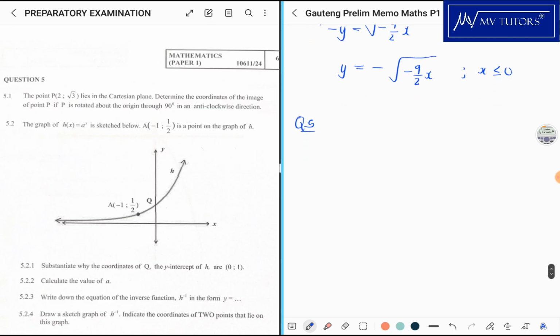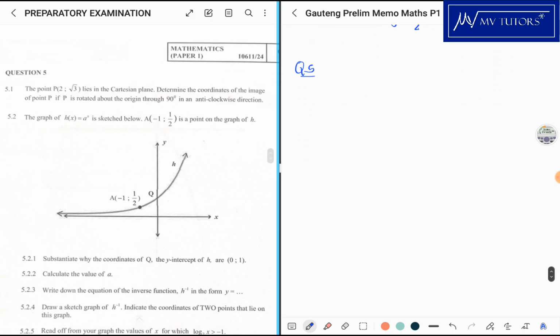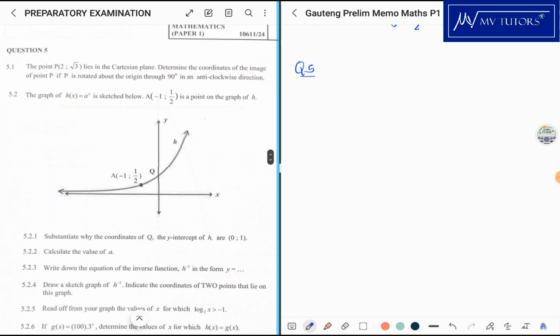Now, question 5. The point P lies in the Cartesian plane. It looks like it lies in the first quadrant, so let's say maybe it lies somewhere there.